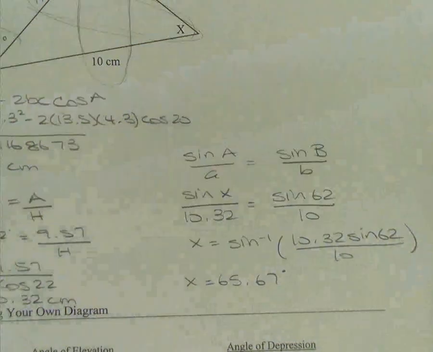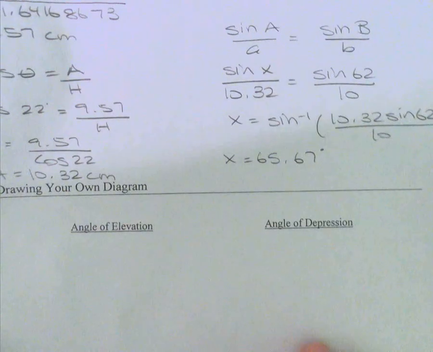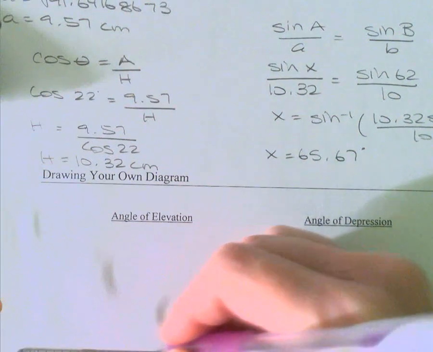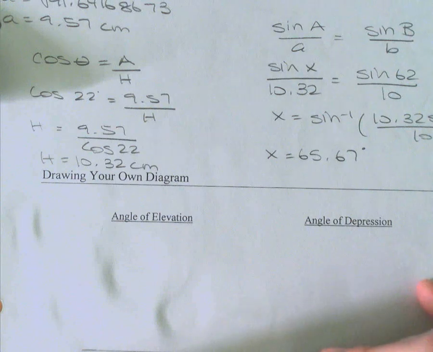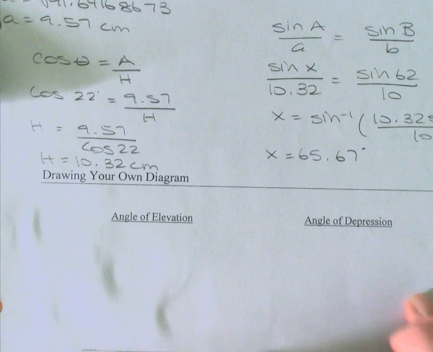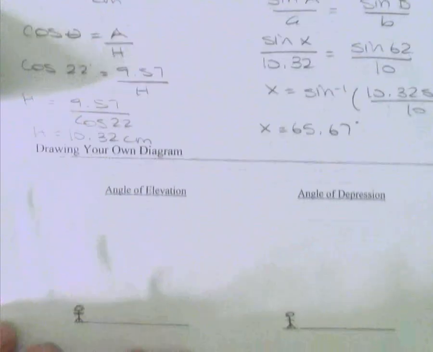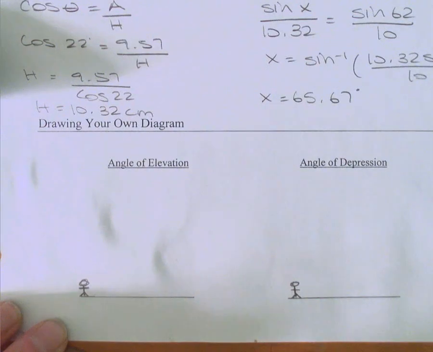Okay, next I want to remind myself what an angle of elevation is and what an angle of depression is. So if I draw the ground, and I'm going to draw the ground for the angle of depression as well. And I'm going to draw a lovely person standing on the ground, and another lovely person standing on the ground.